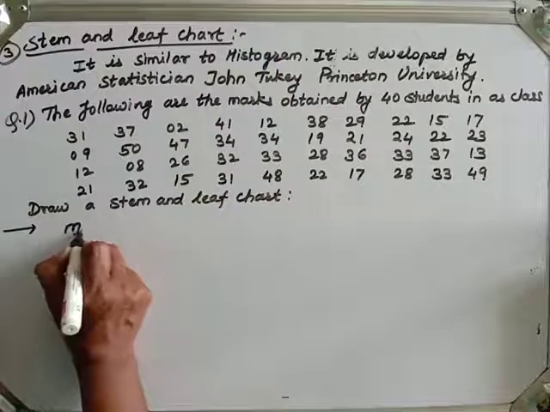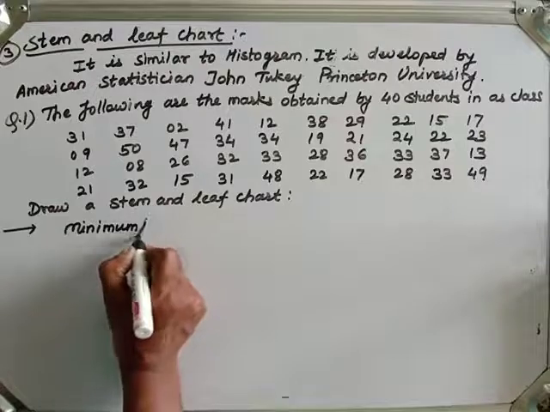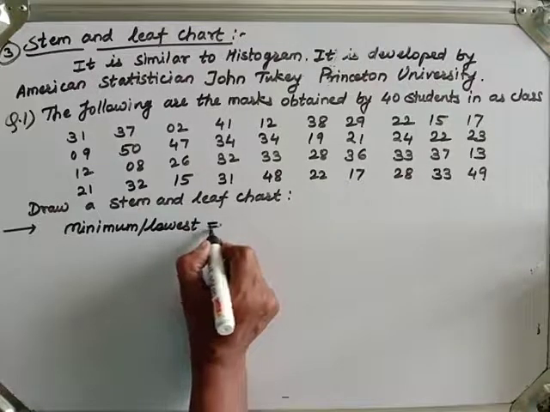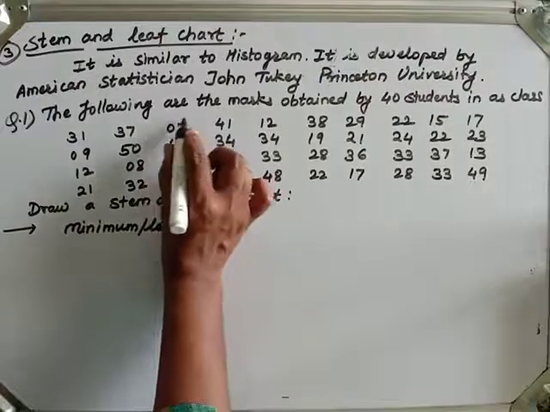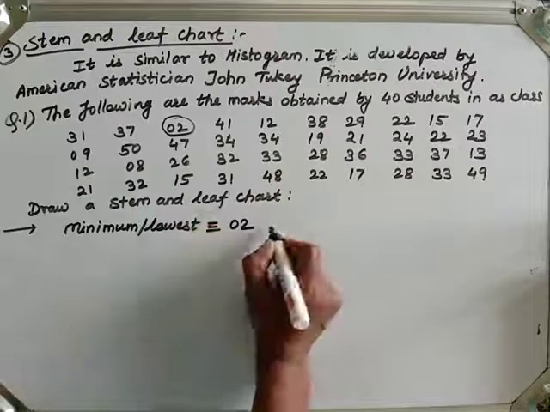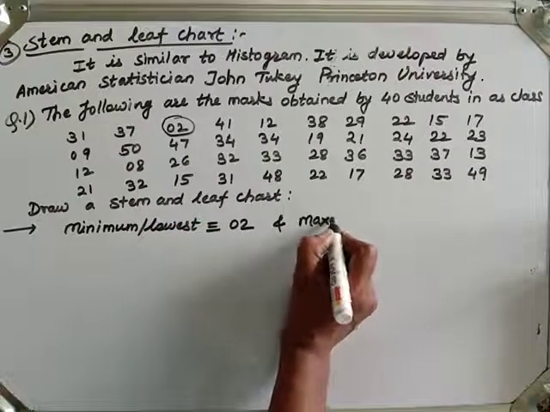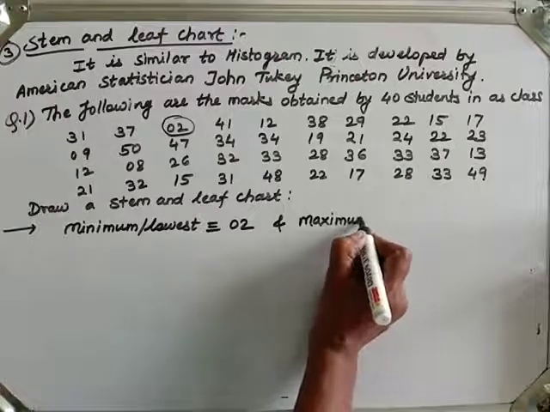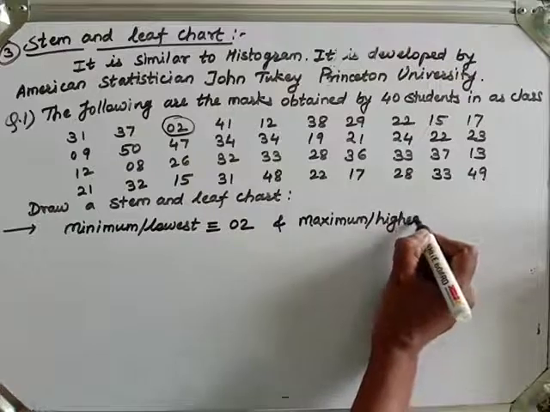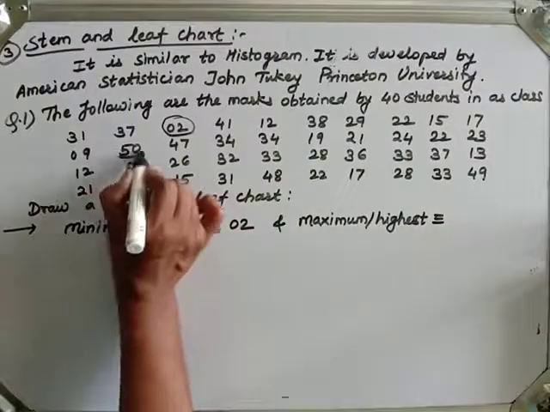So the lowest is 02, and the maximum, or highest, or the largest, will be 50.